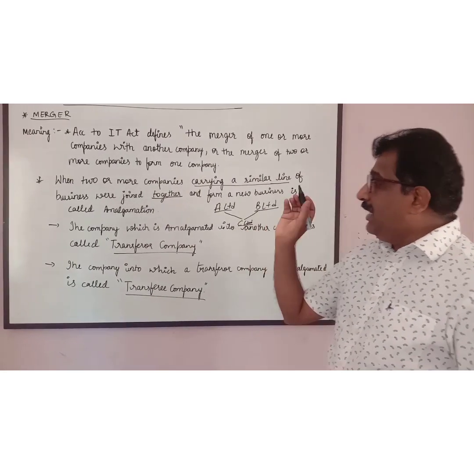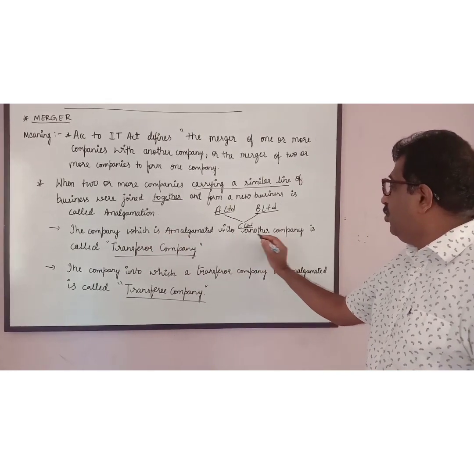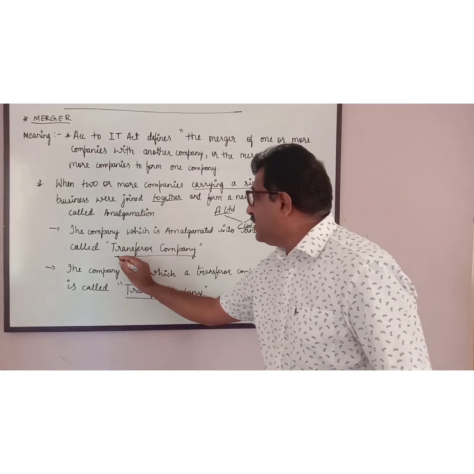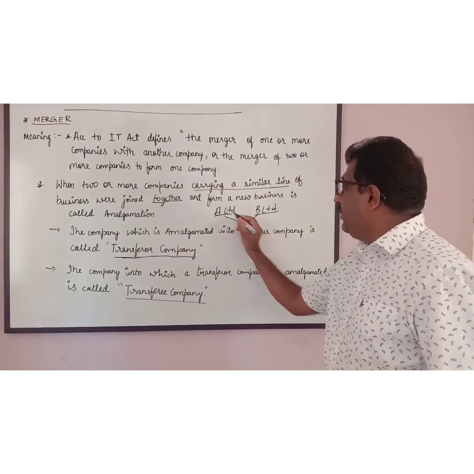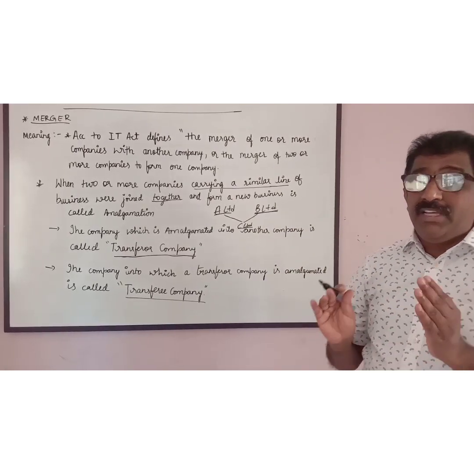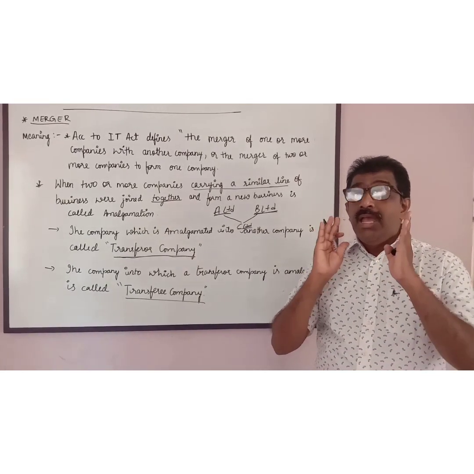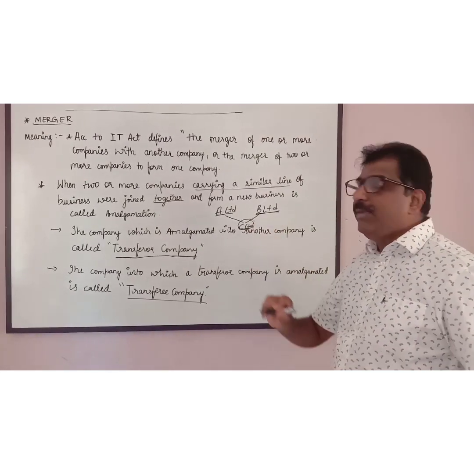Here in the Companies Act, the company which is amalgamated into another company is called the transferor company. Let us take the same example. Here A Limited and B Limited are the transferor companies because they are transferring all their assets and liabilities to a newly formed company called C Limited.